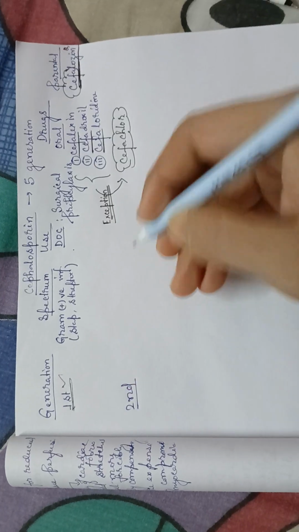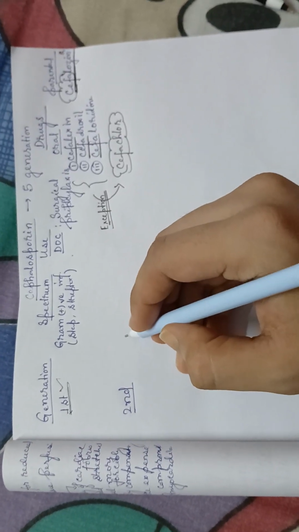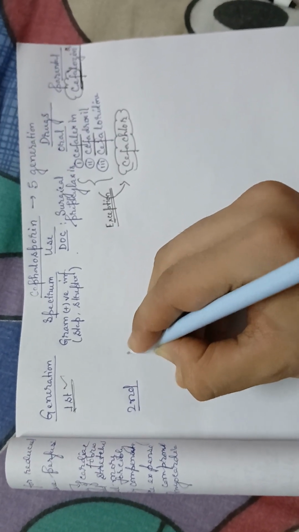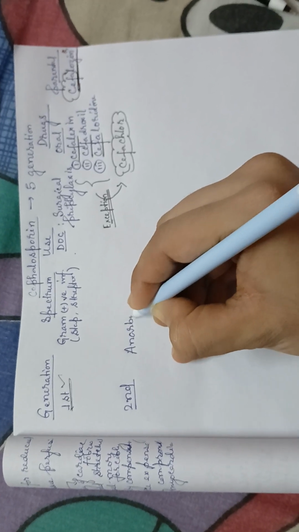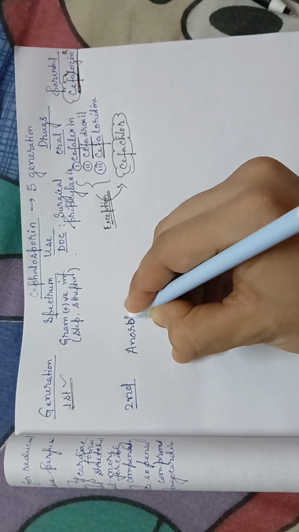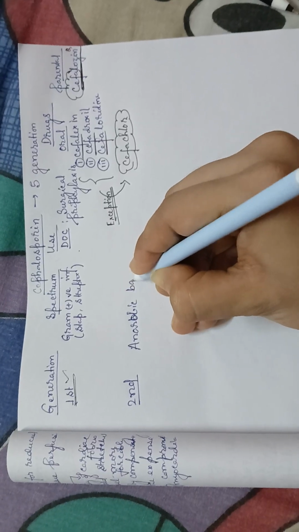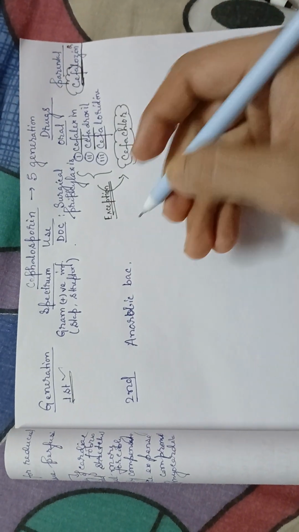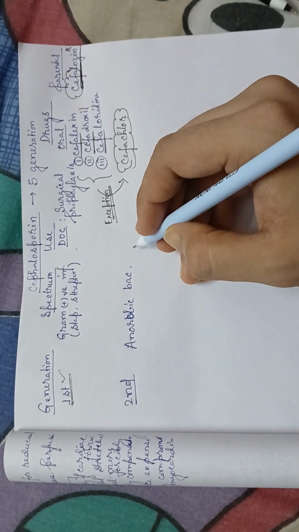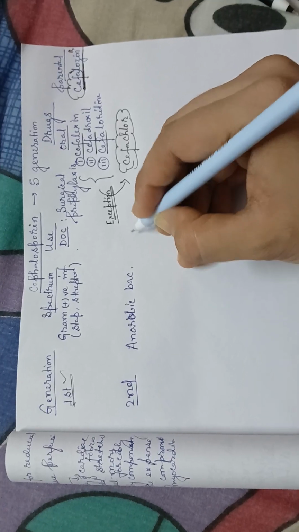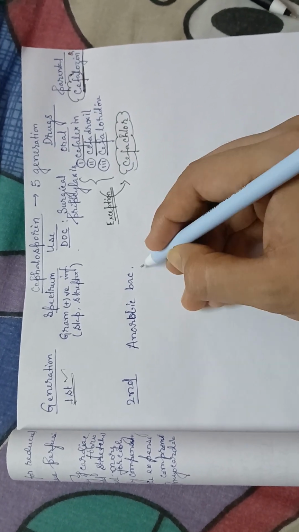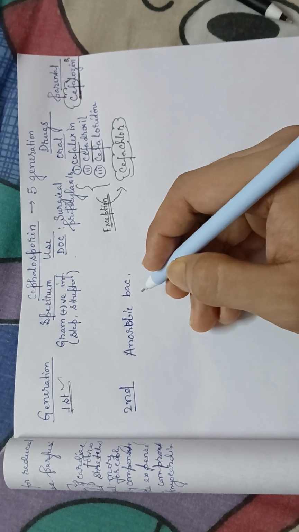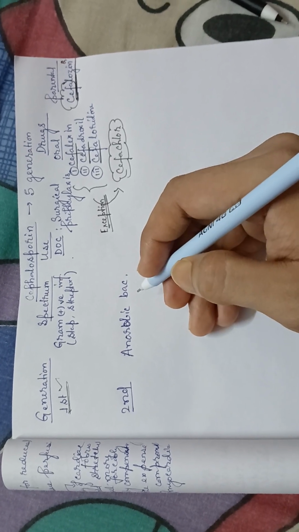Now the second generation is effective for anaerobic bacteria. It is the drug of choice for anaerobic infection, and it is less effective for gram positive or gram negative.